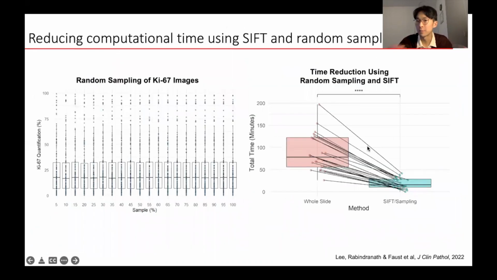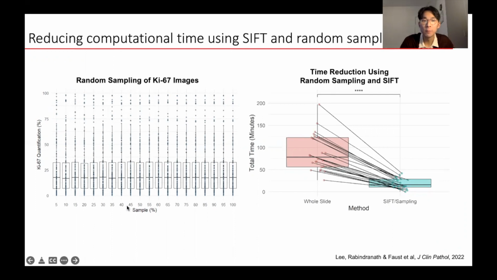Just to end off this major step, we also looked into ways we can reduce total computational time, because we realized that sometimes our analysis takes too long, upwards of 2 hours, because of the high demands of Mask R-CNN when it comes to looking at individual cells, each nucleus, 128 by 128 pixels, across gigabyte-sized images. So we wanted to find out whether SIFT and random sampling of the tumor regions could drastically reduce the time.